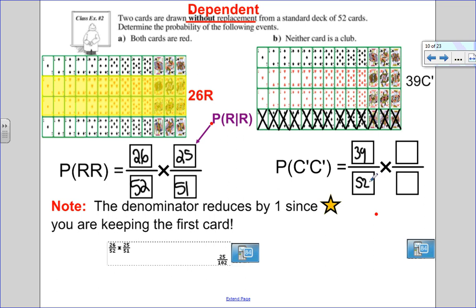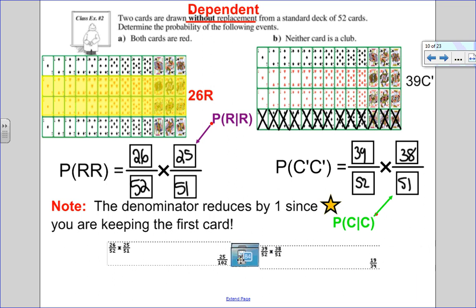I'm keeping the card, I'm not putting it back, 51 left. 38 of those are not clubs. And again, just in terms of notation, that second fraction is the probability of picking a not club given that the first one was a not club. Put that into my calculator, and in lowest terms, I get 19 out of 34.